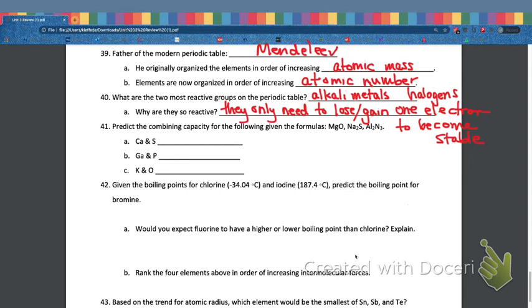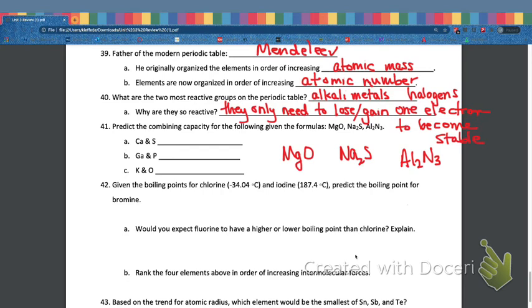All right, so predict the combining capacity for the following given these formulas. So they're giving us these formulas, MgO, Na2S, and Al2N3. So we're just going to do a little research on our periodic table to see what columns these are in.